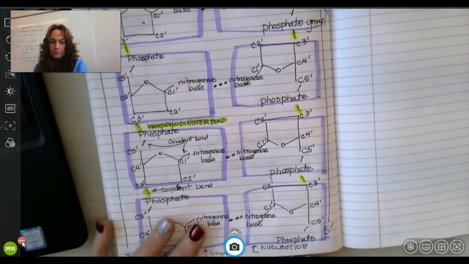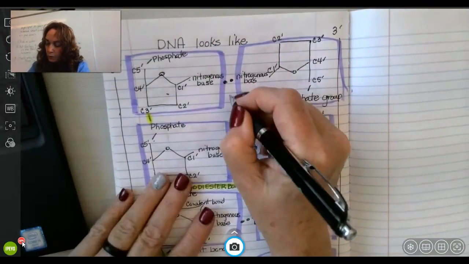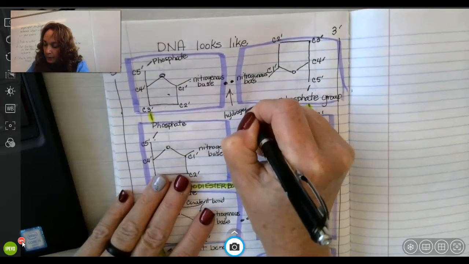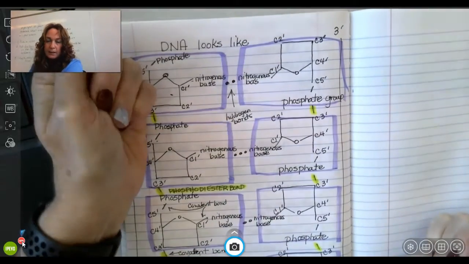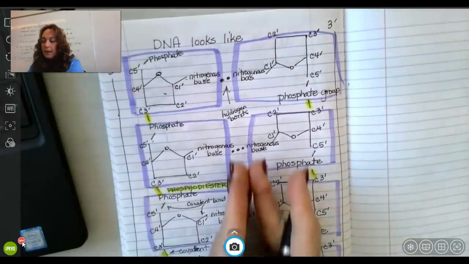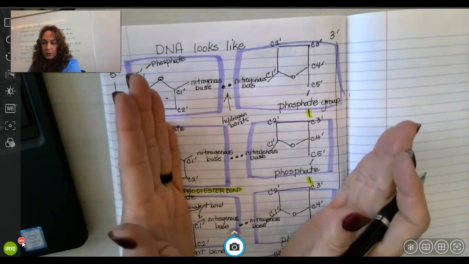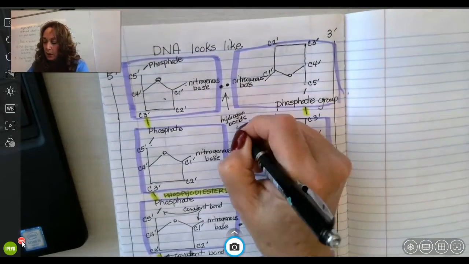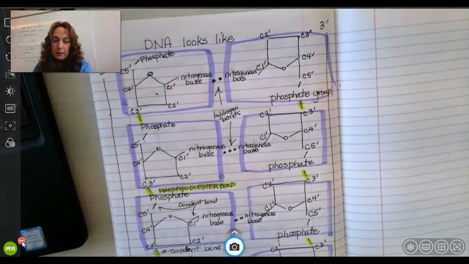I'll put hydrogen bonds. So they're easily broken, which means I could unzip this and zip it back, because the information is right here. You want to be able to get to the information, close it back up because it needs to stay shut. So there's your hydrogen bonds. They're weak, they're easily broken.